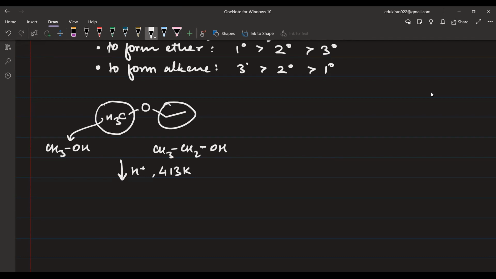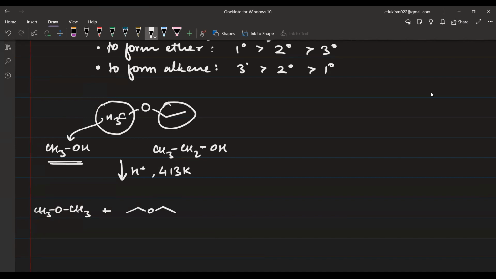But the methanol molecules would not know that in the container we have ethanol also. There will be some methanol molecules surrounded by only methanol molecules, so they will react with themselves and form methoxymethane, CH3OCH3. Similarly, some ethanol molecules will be surrounded by only ethanol molecules, and they will react with themselves and form ethoxyethane.